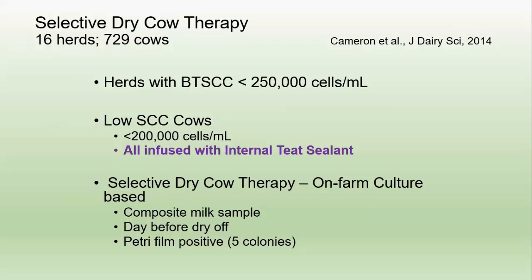What made this study different than the 2 previous studies that relied only on SCC as their threshold for selecting treated versus non-treated cows is that they also included an on-farm culture or bacteriology from a composite milk sample. Thus, cows not only had to have a low somatic cell count, as in the previous studies, but also they had to be negative on a bacterial culture of milk.